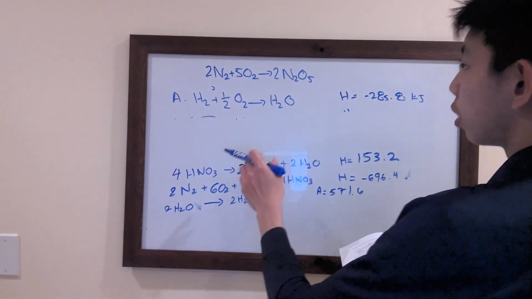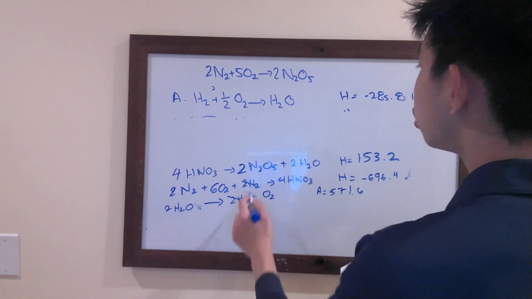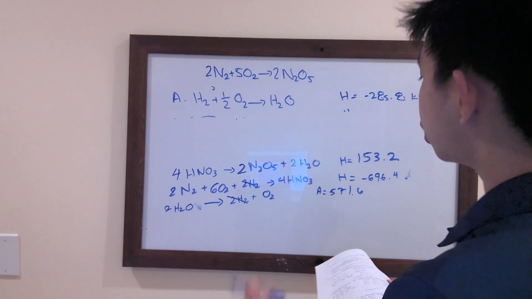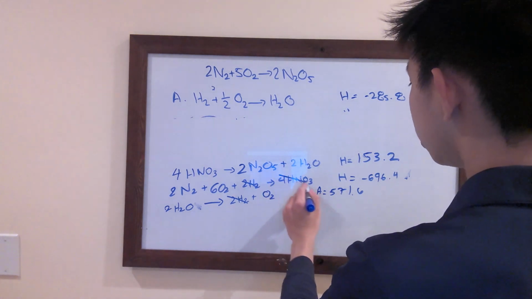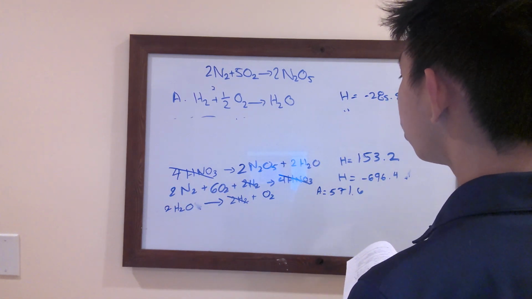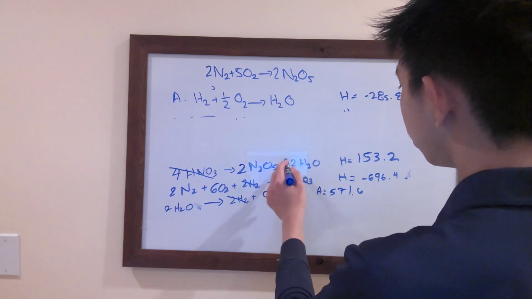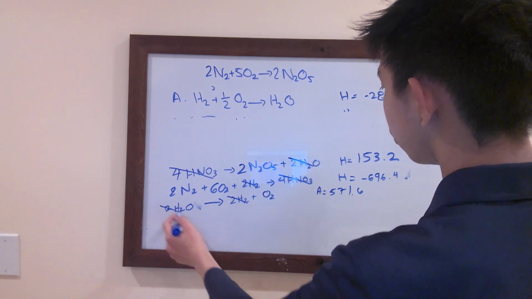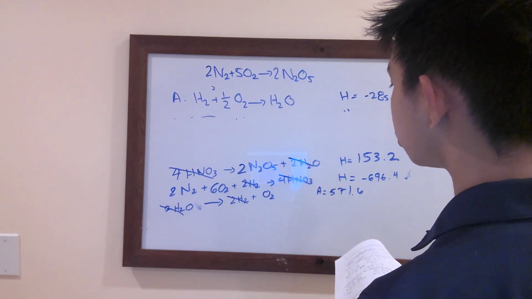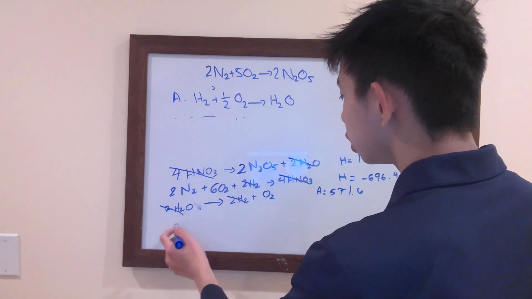And then here, I believe we can start canceling things out. So the H2 can cancel out. HNO3, these can cancel out, 4HNO3. And then the H2O, H2O right here. 2H2 right here. And then so we can just combine them together. So we have 2 and 2.